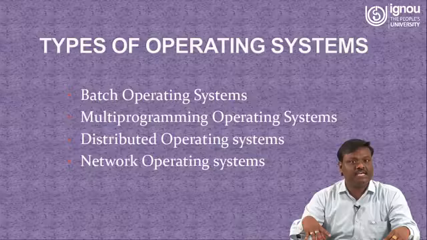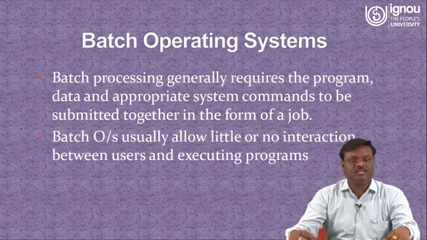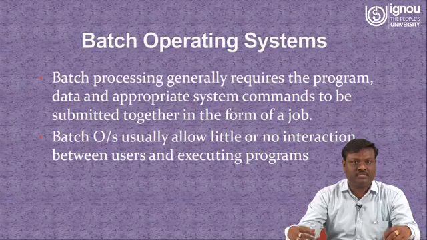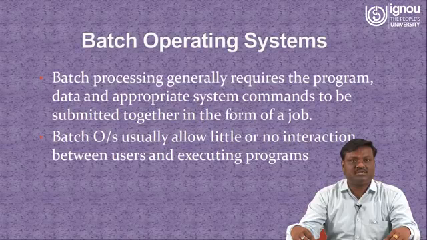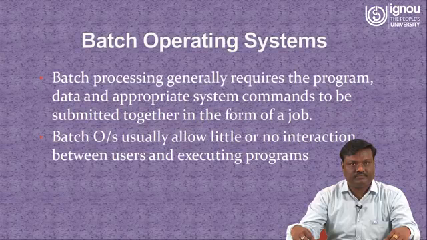First of all, we will take the batch operating system. Whenever we talk about batch processing, it requires a batch operating system. Batch processing generally requires the program, data and appropriate system commands to be submitted together in the form of a job.